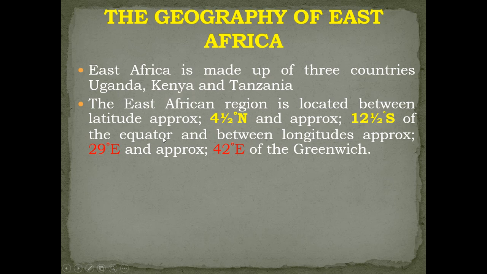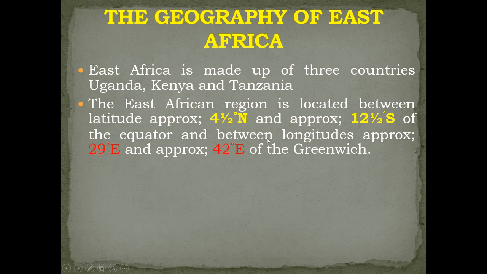If you want to identify the equator, look at the northern part of Lake Victoria. There is the line that crosses from the west, Kasese, across Lake Victoria to the east, north of Nairobi into Somalia. That latitude is the equator, the major latitude. So from the equator, as you move to the north, northern Uganda and northern Kenya is approximately 4.5 degrees north, and then southwards, southern Tanzania is approximately 12.5 degrees south of the equator.